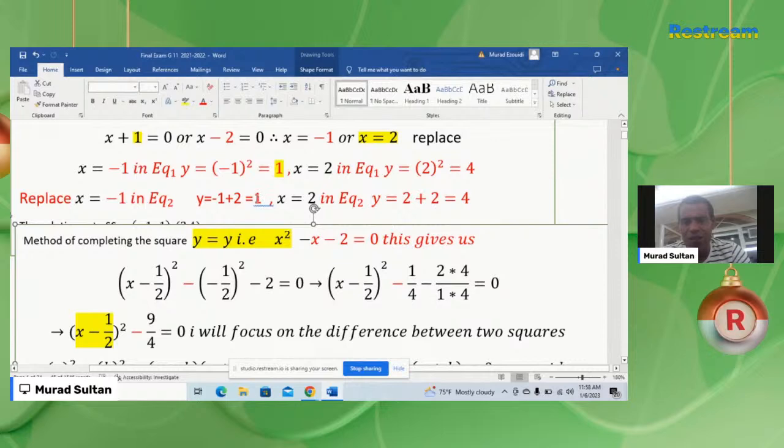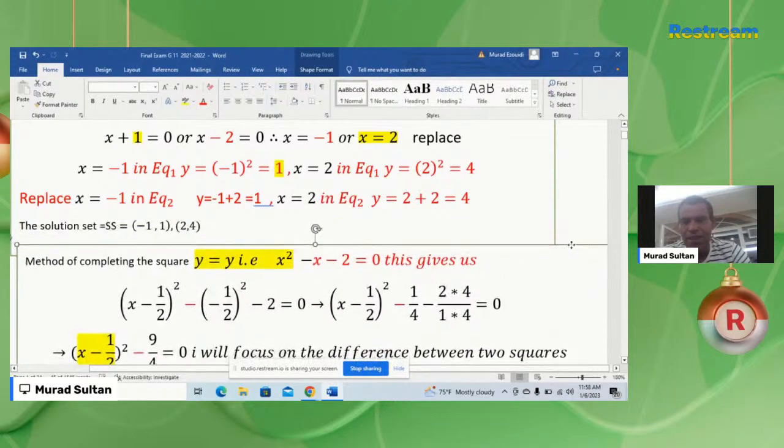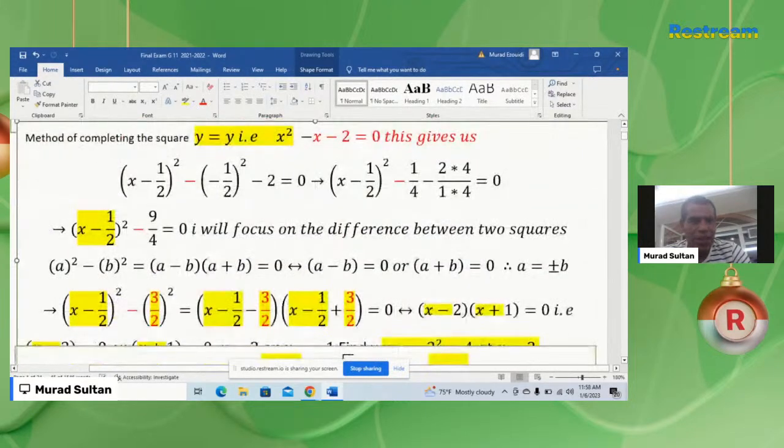This is the value of y when x equals minus 1. And replacing x with 2 in equation 2, we get y equals 2 plus 2, which equals 4. Therefore, the solution set is x equals minus 1 and y equals 1, and at the same time, x equals 2 and y equals 4. This is how you can answer the question. This is the first method.